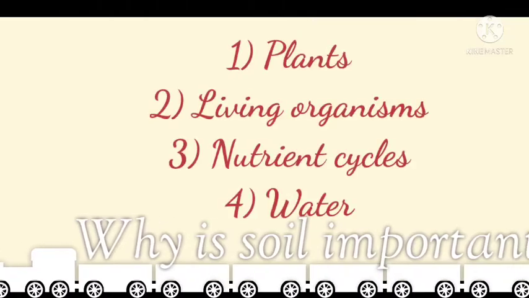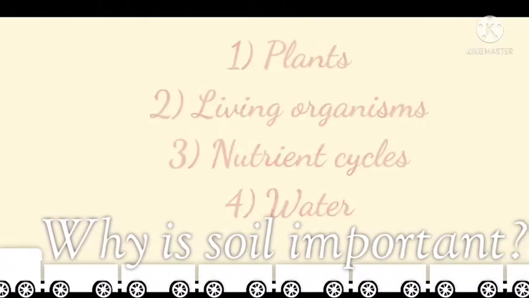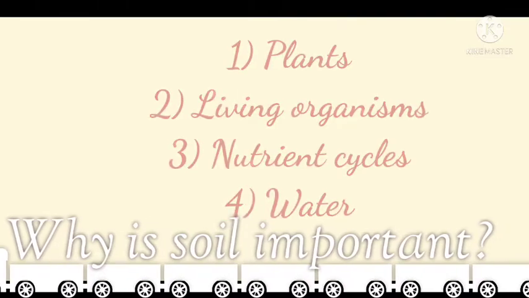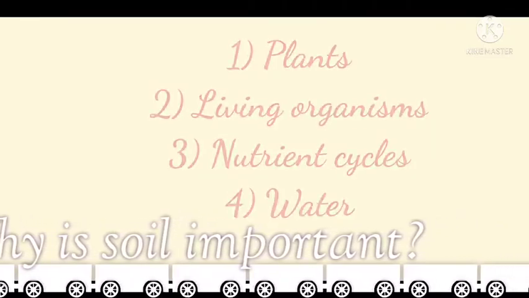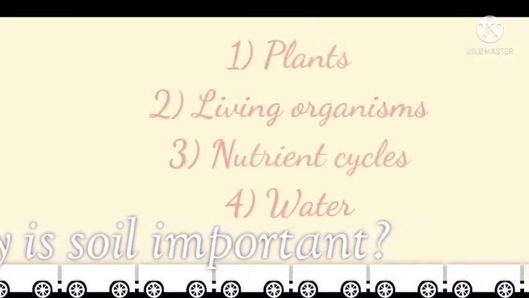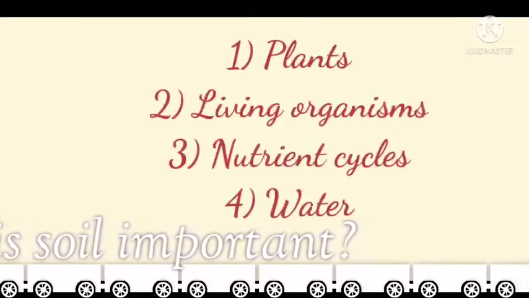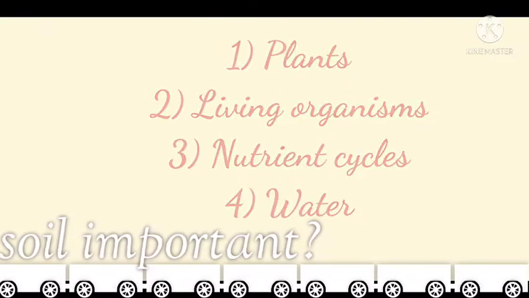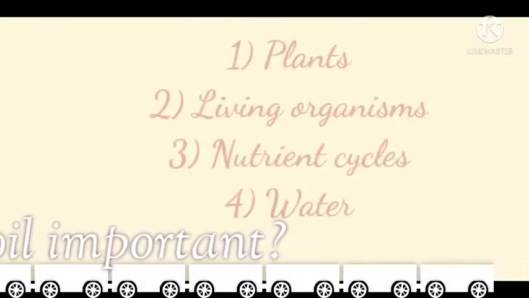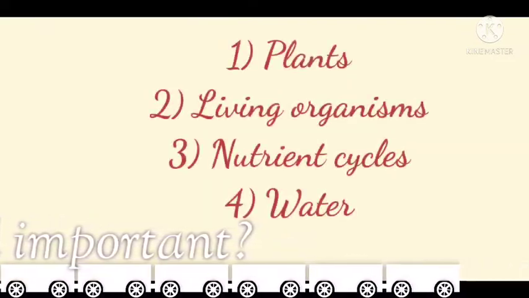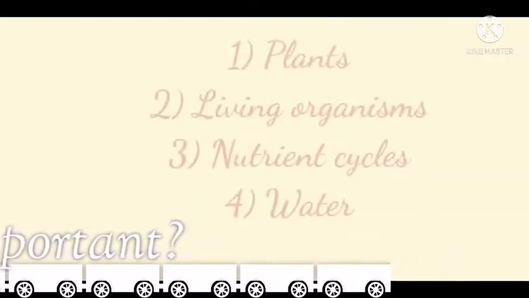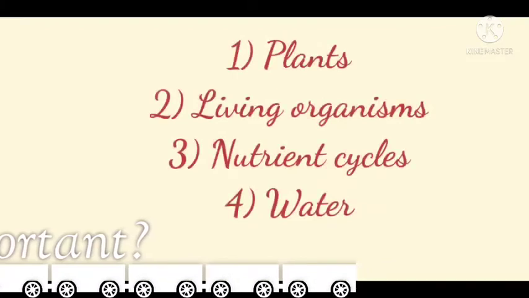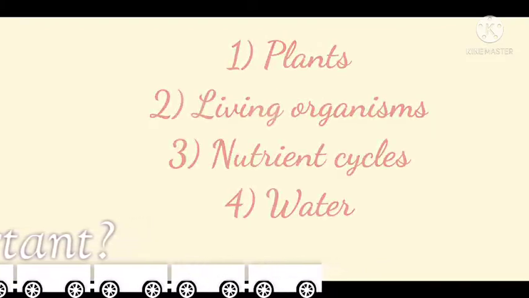As soil is home to many animals, fungi, worms, and bacteria. It is also useful for nutrient cycles. Soil plays an important role in cycling nutrients, including the carbon and nitrogen cycle, which is very much useful for survival of life.